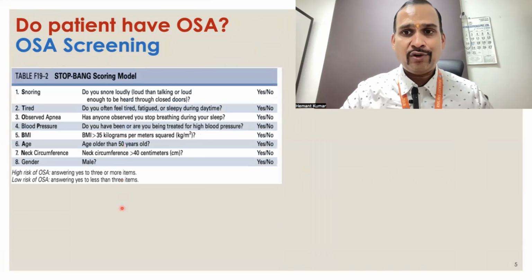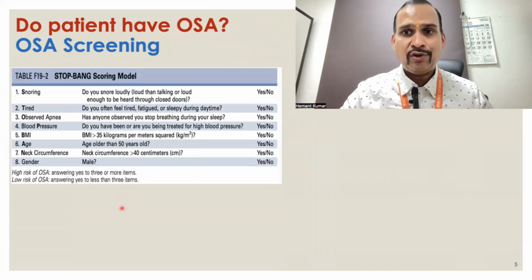Rapid eye movement sleep, as the name suggests, has rapid eye movements. So in the electrooculogram, if you find rapid eye movement, it means REM sleep. If you find slow eye movement, this is non-REM sleep. So for differentiation of non-REM versus REM, we have to do EOG.